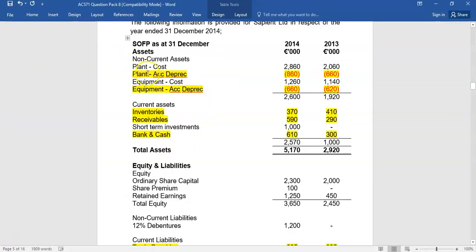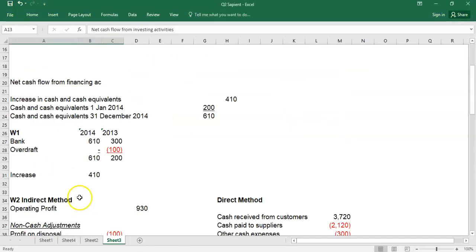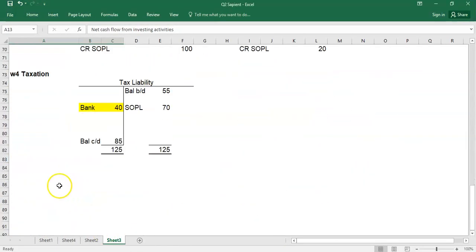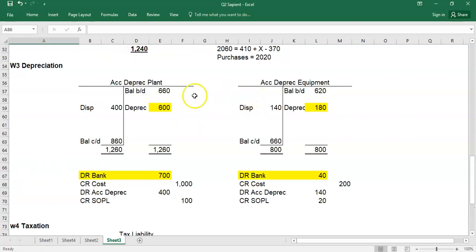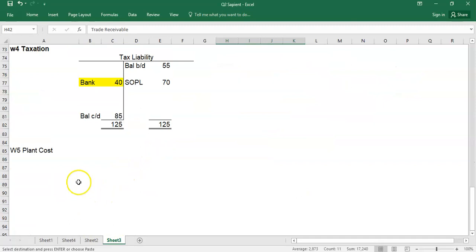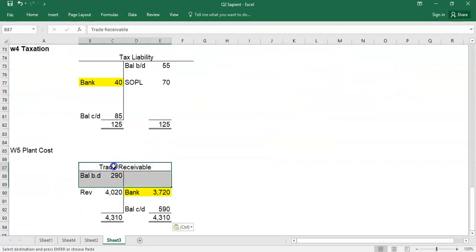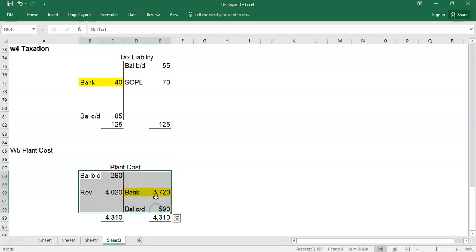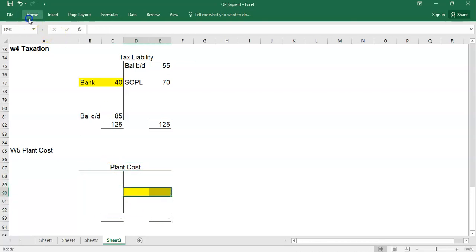So plant cost is the first one. So let's come back to our next working here, which is working 5. Plant cost. Now sometimes the examiner will split them and they'll give you plant cost and plant accumulated depreciation separately, like they have here. That's usually given when they want you to figure out what depreciation is.